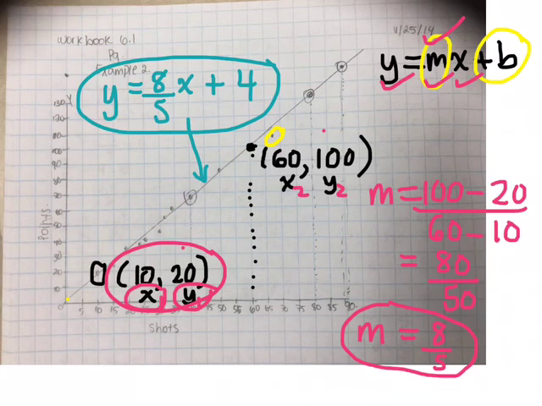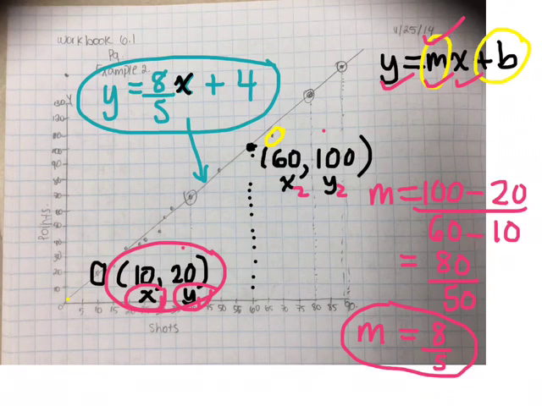So looking at shots and points. Okay, which variable, x or y, represented the number of shots? Which one was shots, x or y? X, okay? So if I say to you, okay, well, I want to know information that's way beyond this graph.